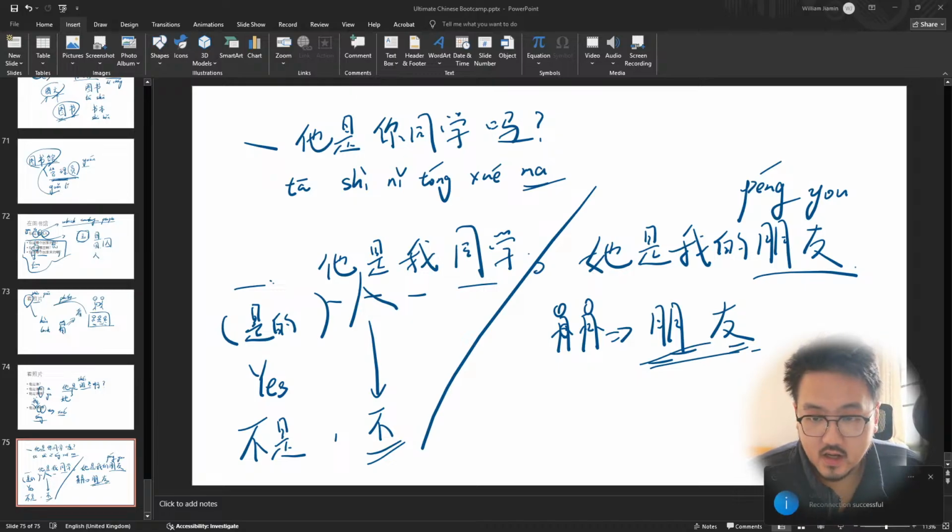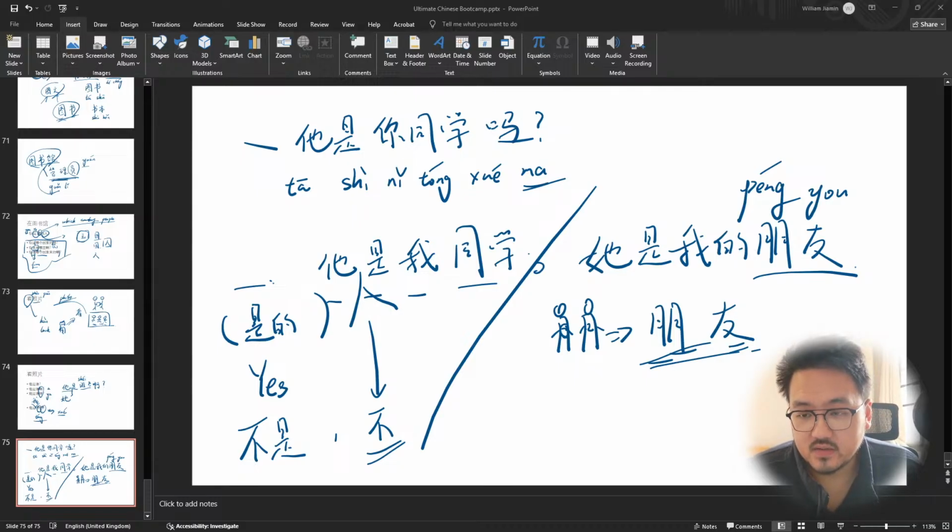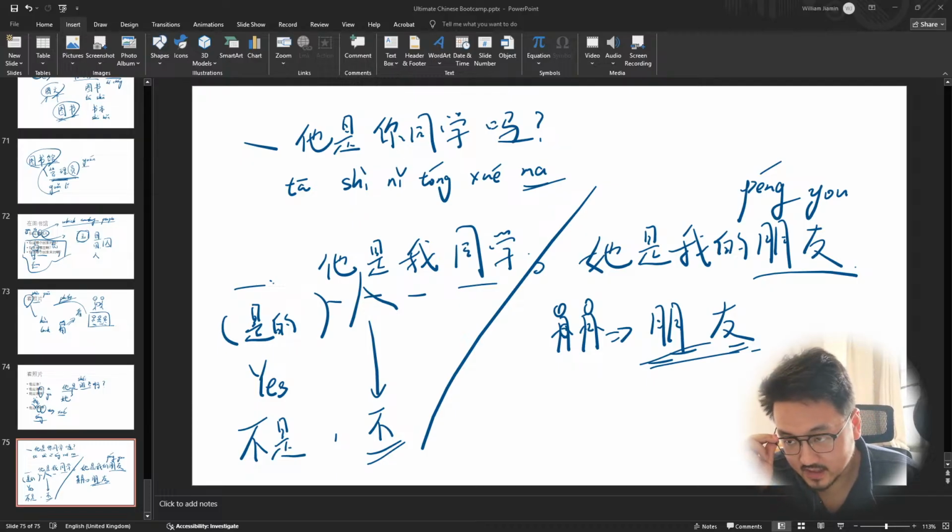Okay, yeah, I got disconnected. I don't know why. So basically, 71 to 75 is sentence construction, like rearranging words. You just need to pay attention to the functional words, like 的, 了, 在, something like that.